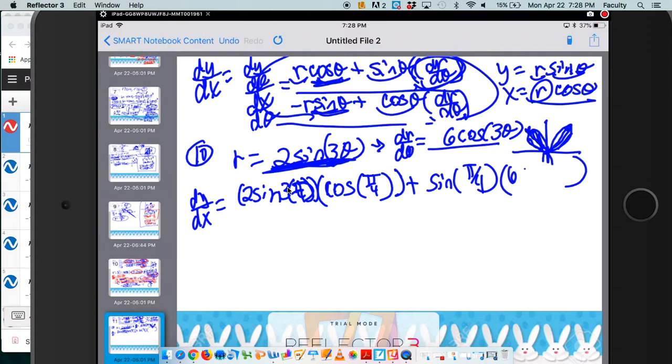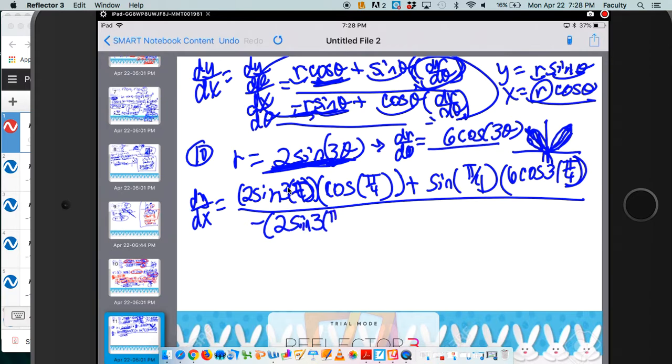So I have 6 cosine of 3 pi over 4 over negative r, which is 2 sine 3 theta, times sine theta, sine of pi over 4, plus cosine of theta, and then dr d theta was 6 cosine 3 theta.